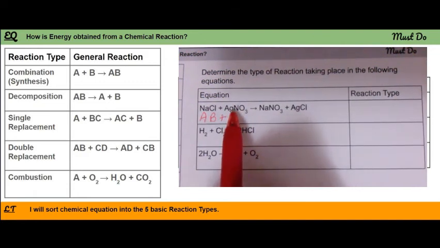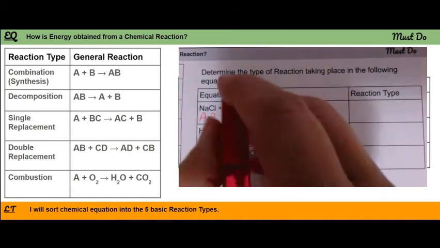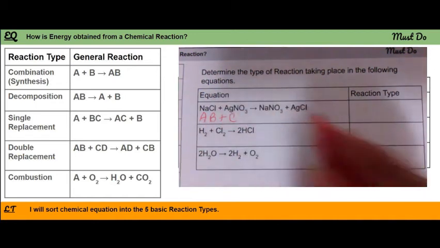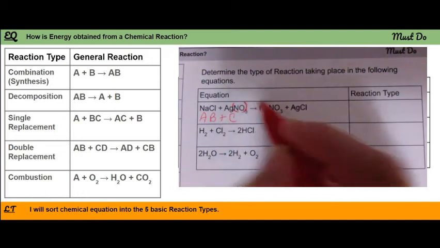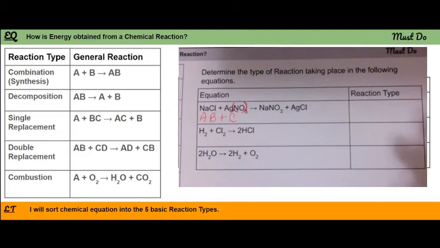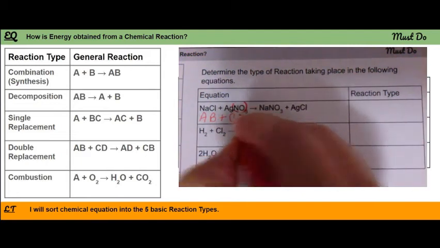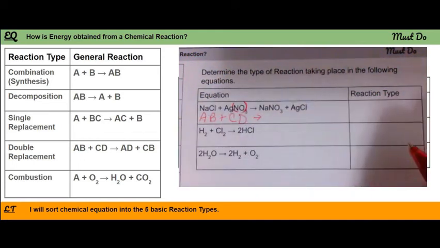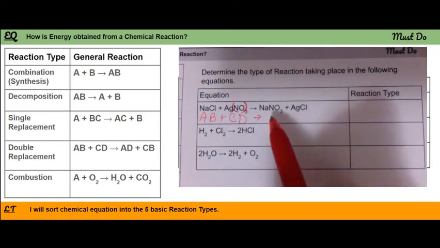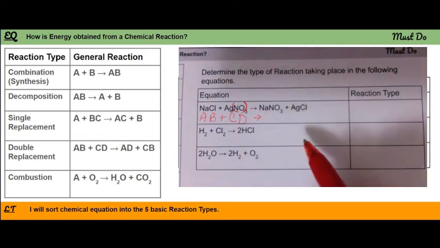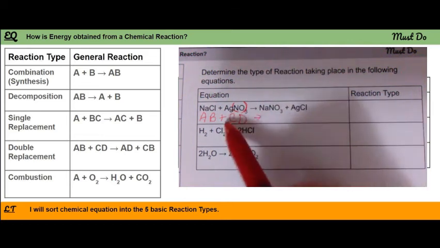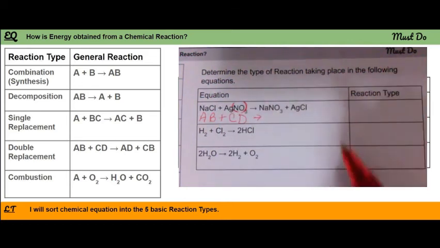We can think of silver as its own atom, so that's going to be C. And this nitrate right here is your D, all together as a package. Those two are going to mix together. And remember that they have to break apart and then get back together, and not be with the same ones that they were before.